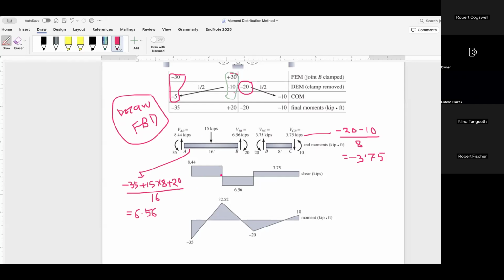What you can do is, here minus 35 for this one, 15 into 8, here I have positive 20. Do that and you get 6.56 for this point.